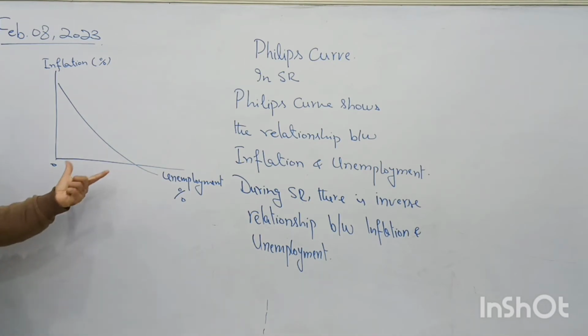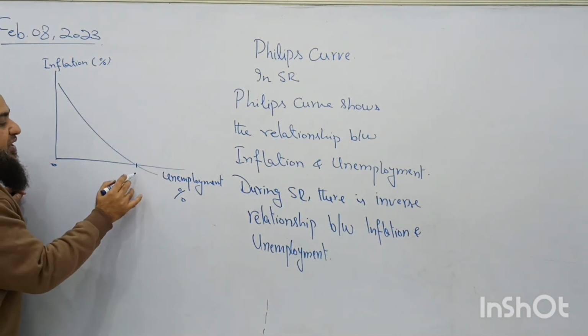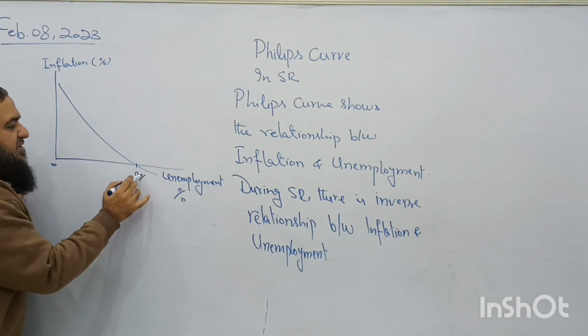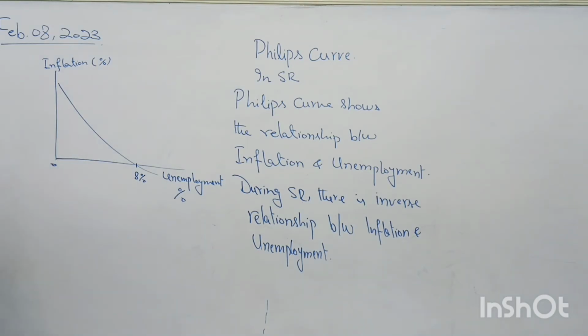Now, how much unemployment is present? You can say 8% is right now the natural rate of unemployment at zero rate of inflation. Government wants to reduce it. What will government do? It will increase government spending and reduce taxes, like the reflationary fiscal policy adopted.